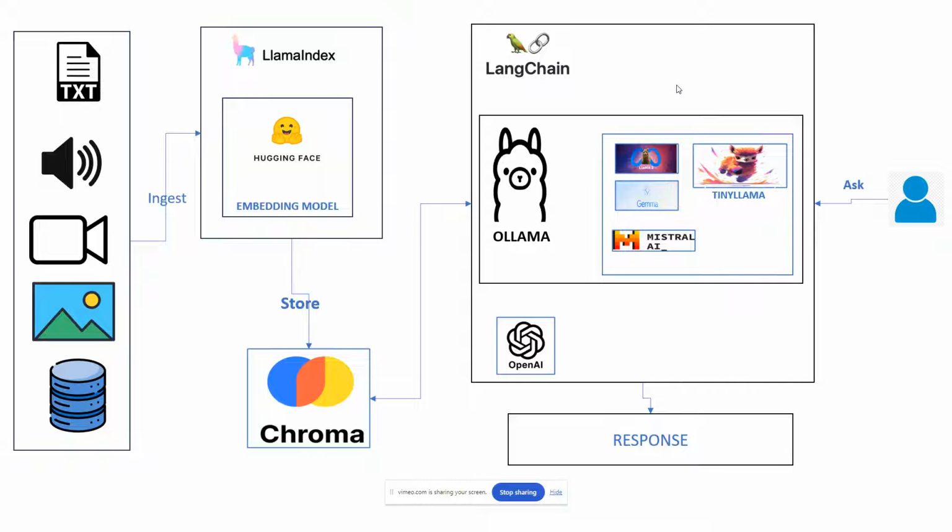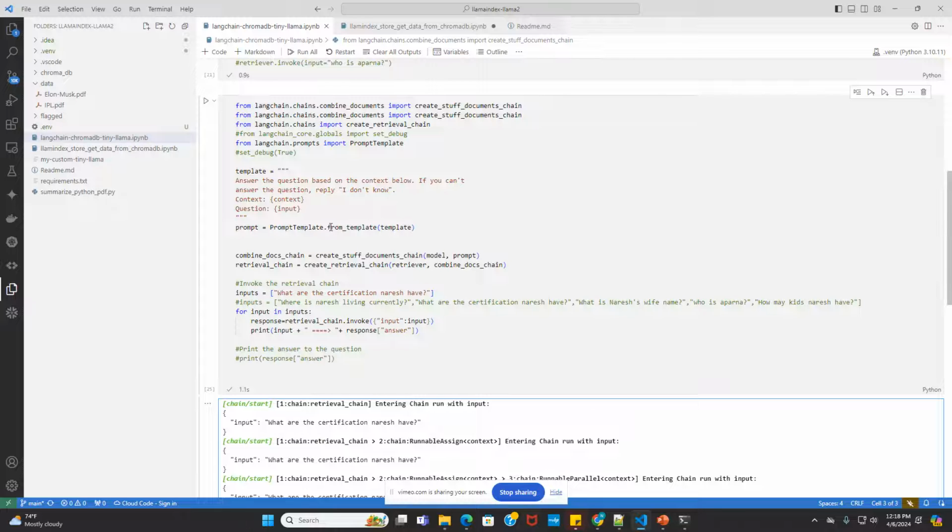We are going to do two examples: one using Ollama and one using OpenAI with LangChain, while augmenting our context with data from Chroma DB. So without further ado, let's get into the action.